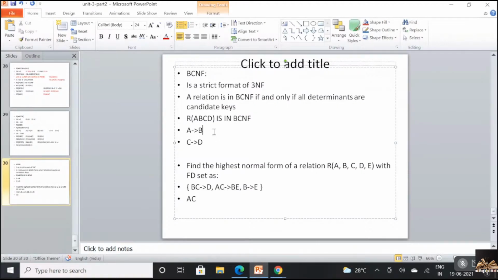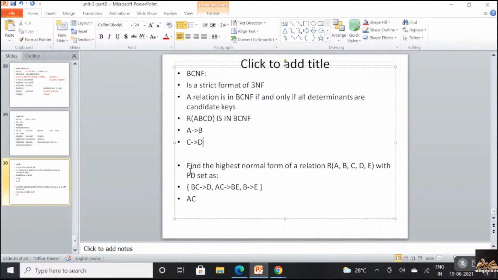Okay, this might be in your 3NF, not an issue. It might be in your 2NF, but this relation is not in BCNF until all the determinants, which is nothing but the LHS of the FD, are candidate keys. You cannot say that that particular relation is in your BCNF.